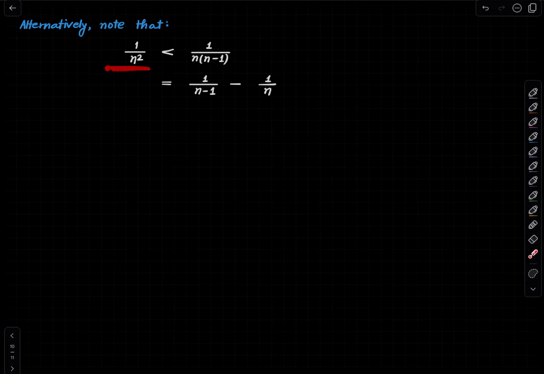So if you sum over n from 1 to capital N, you are seeing a telescoping sum, so things will cancel out and that's it. That's basically how you can bound the nth partial sum uniformly. So that gives a nice example of a convergent series.